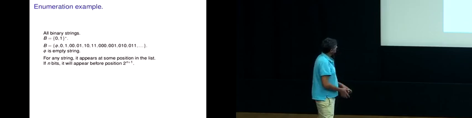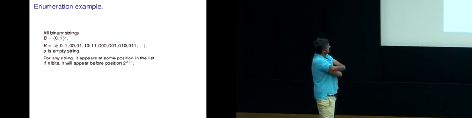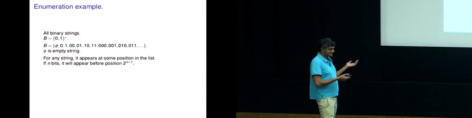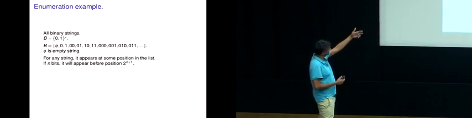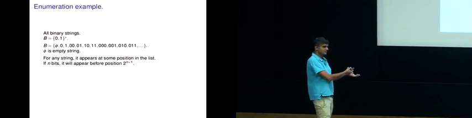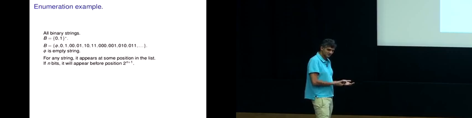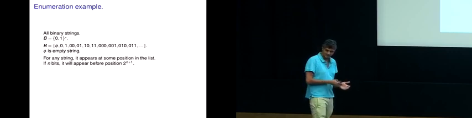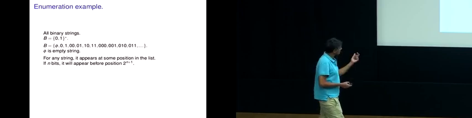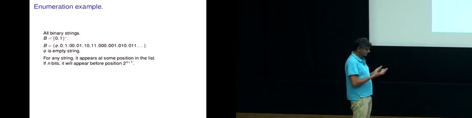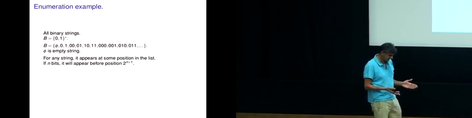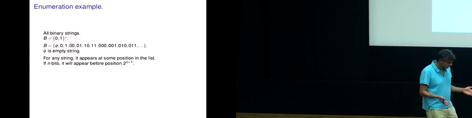Okay? Now I'm not going to be very precise about which string it is and where it is. I don't particularly care. I just need to know that this procedure will output the string at some finite and specific place. There's only one place that will output it. So any string appears at some position in the list. The way I argue that is any string has some number of bits. You could look at the string and say, oh, this string has 10 bits.